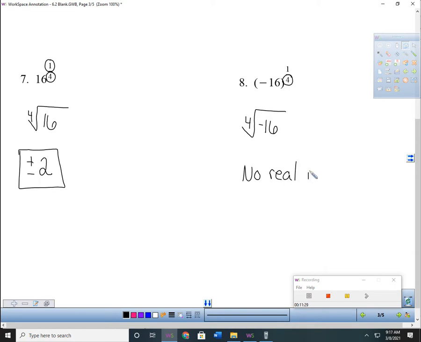In Algebra 2, you actually talk about imaginary numbers when you take the square root, fourth root, whatever, of negative numbers. So we don't have any real roots. So when you have an even number here for your index, your root number, make sure that you check this number here. If it's negative, you don't have any real roots. Okay? You can have a negative if this is an odd number, just not when it's even.